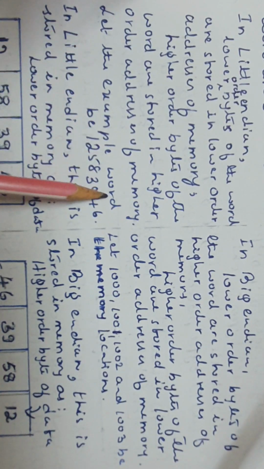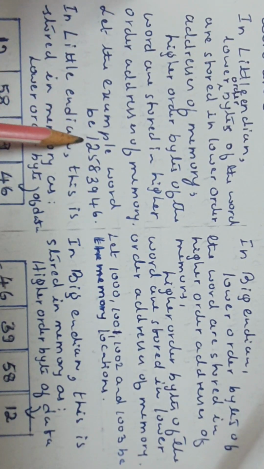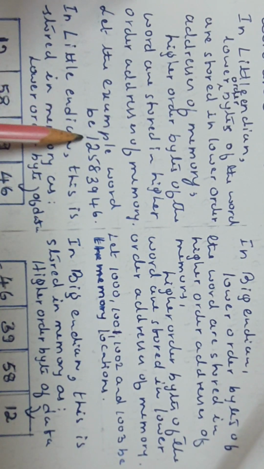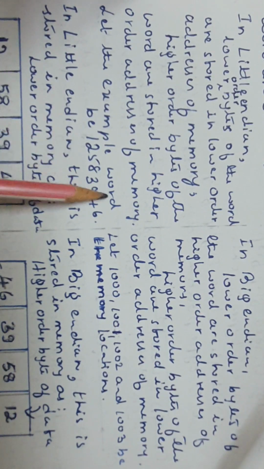So let the example word be 12583946. These two digits together form 1 byte. Here in this number, this digit takes 4 bits and this one is 4 bits. 4 plus 4 bits means 8 bits. So these two together form 1 byte of the word.